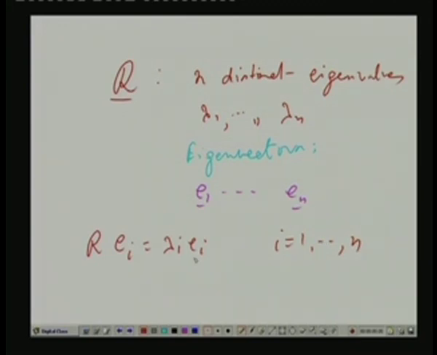We have already seen the eigenvectors consist of complex entries, but they are orthogonal to each other. That is, e_i Hermitian e_j is 0 if i and j are not the same, and can be made 1 if i equals j.